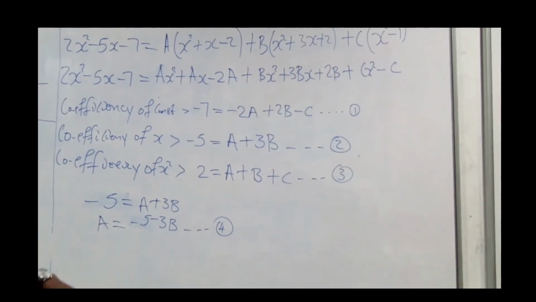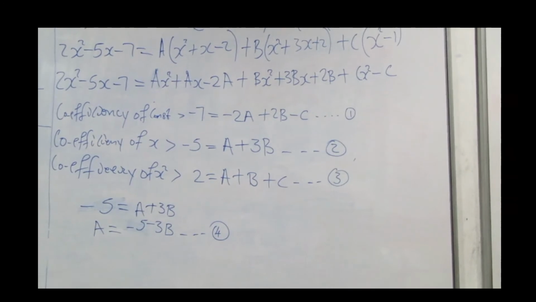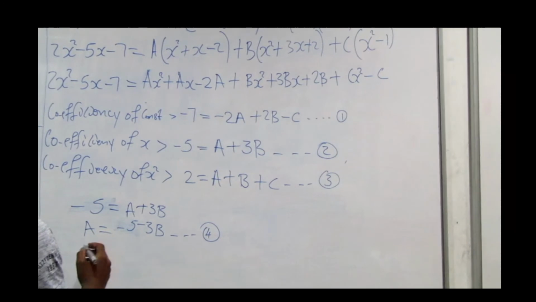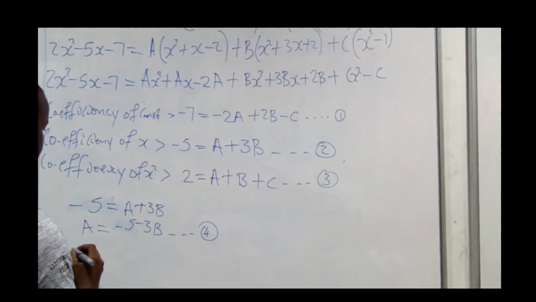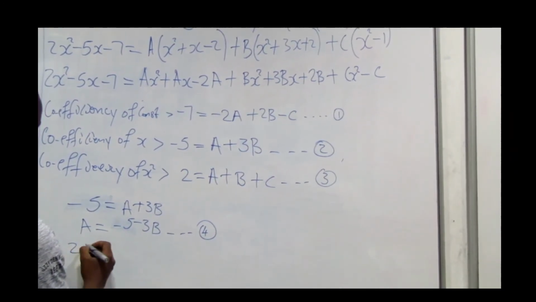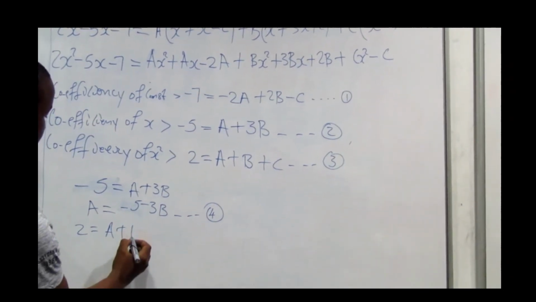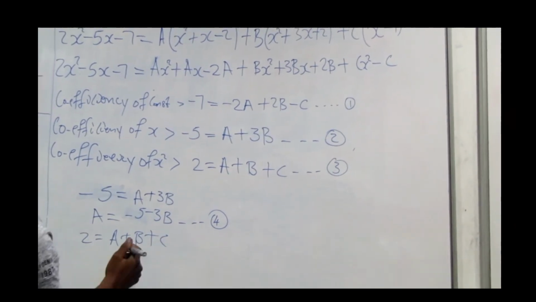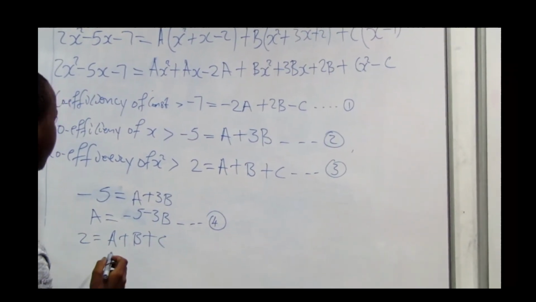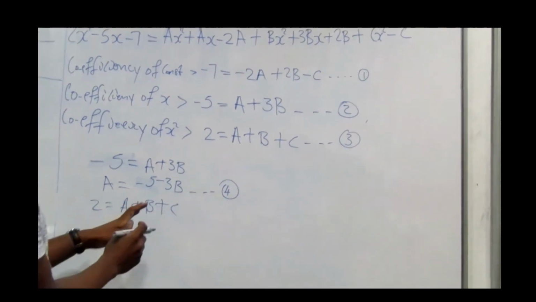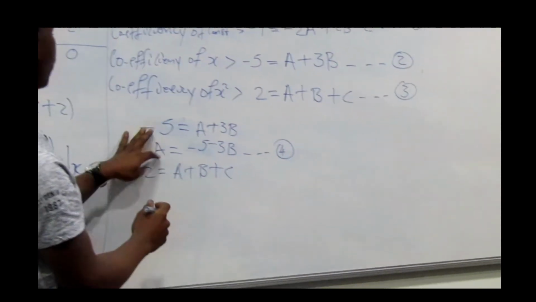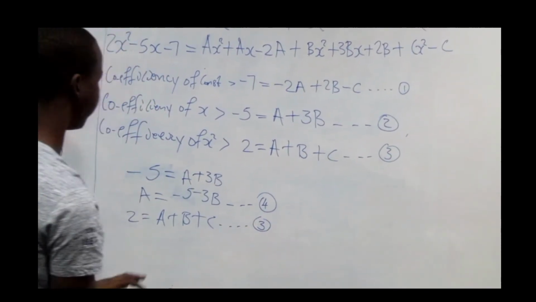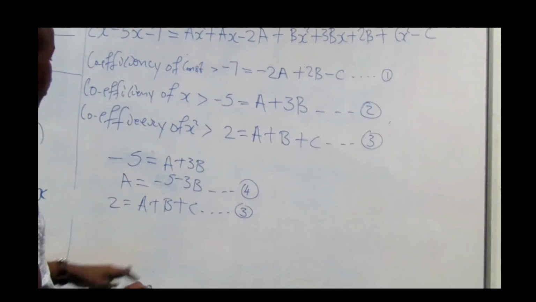From our equation 4, we take our equation 3, which says 2 equals a plus b plus c. Where there is a, we substitute our equation 4 into our equation 3.